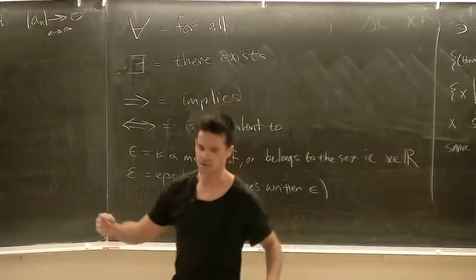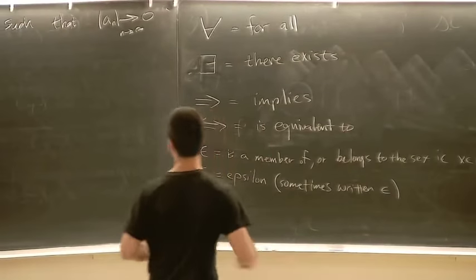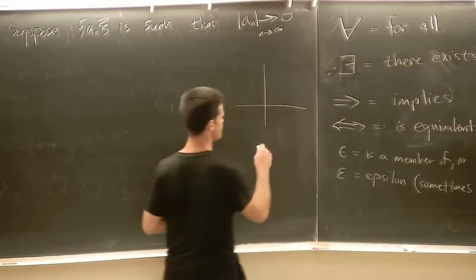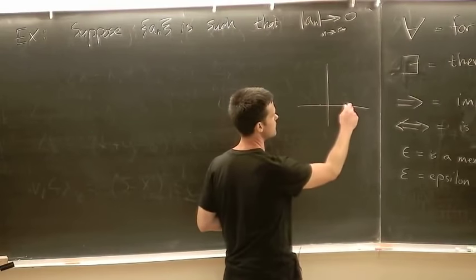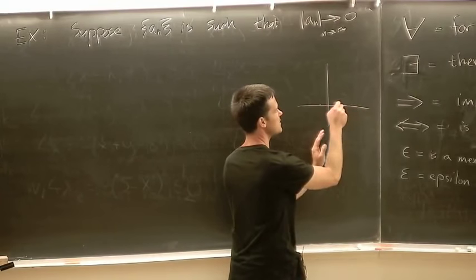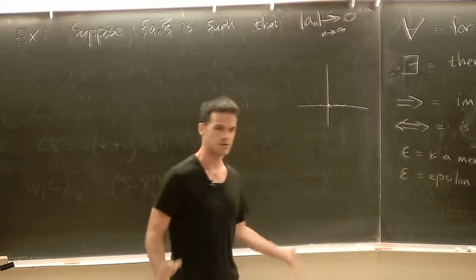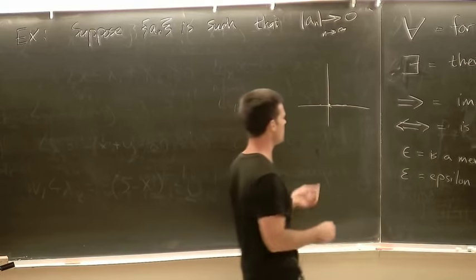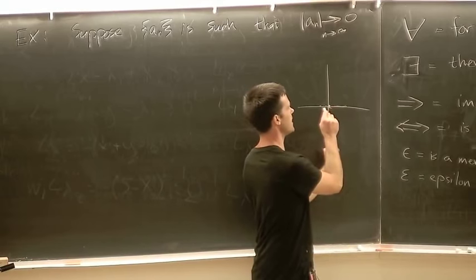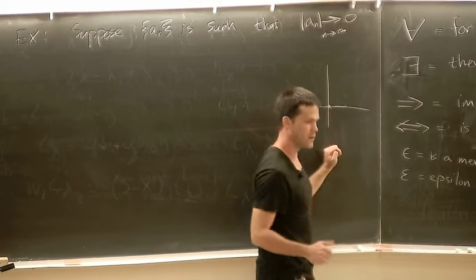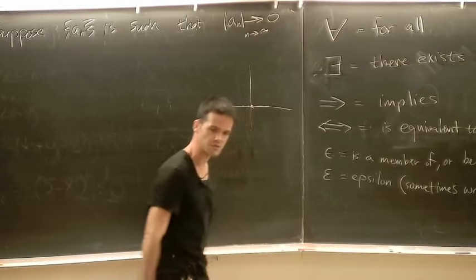I don't know whether the number an is positive or negative, or whether it's to the left or to the right, but I know that the distance from 0 is going to 0. So what does that mean? Well, we don't know if an is positive or negative, but if it's getting super close to 0, it must be going to 0.